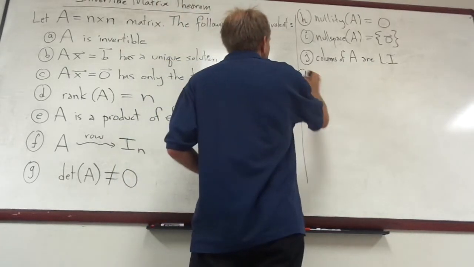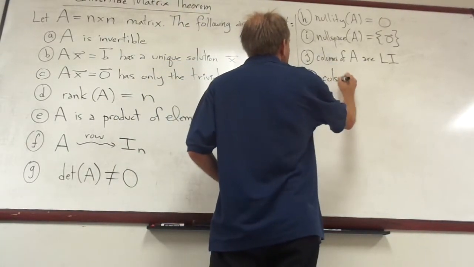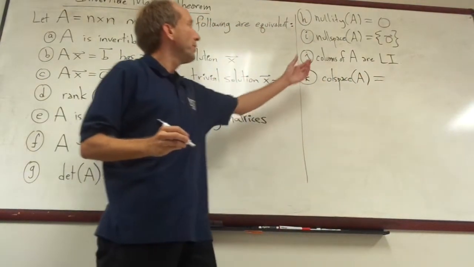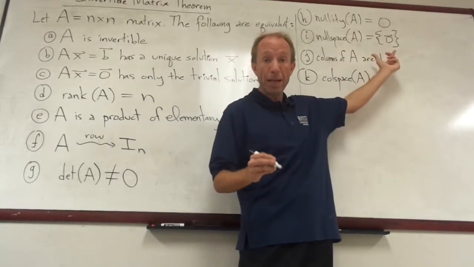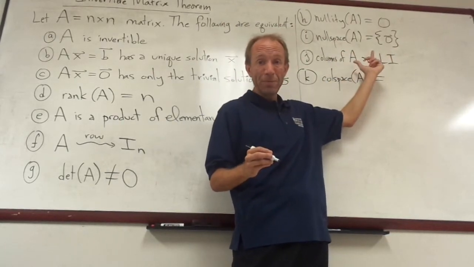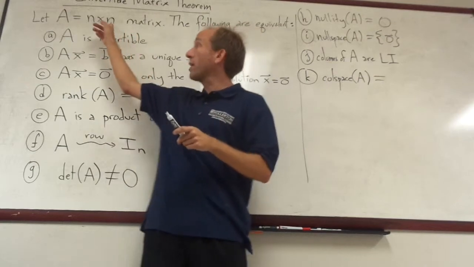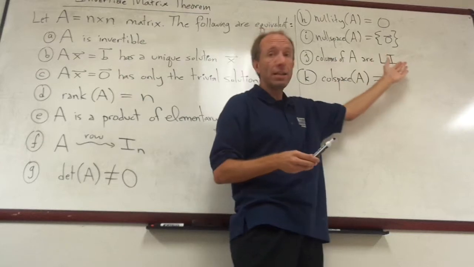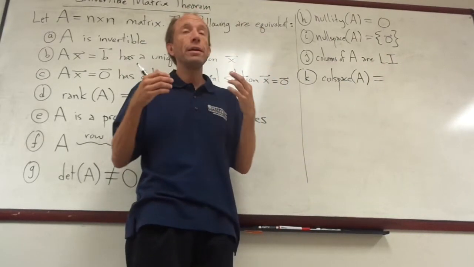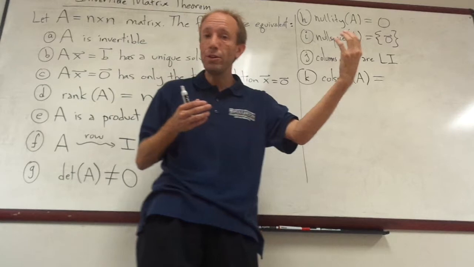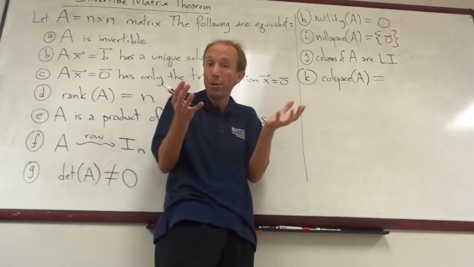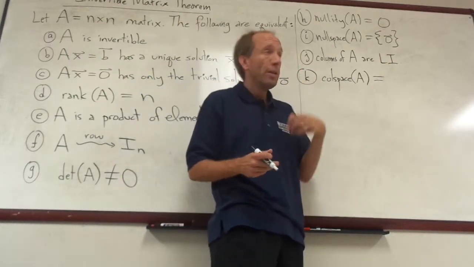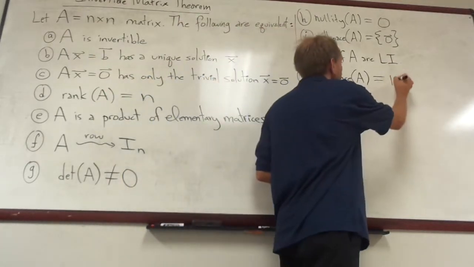In addition, you can also look at the span of those columns. The matrix has n columns, and each one of those columns is in Rn. So I have n linearly independent vectors in Rn. Well, if they are linearly independent, then they also have to span the space. Rn being n-dimensional and I have n columns, if those columns are linearly independent, then they also span the space.